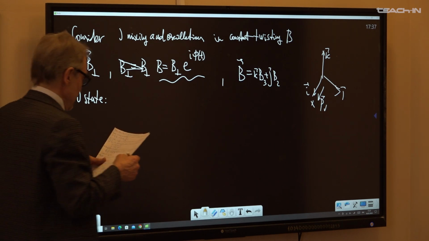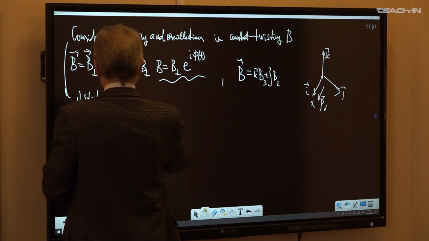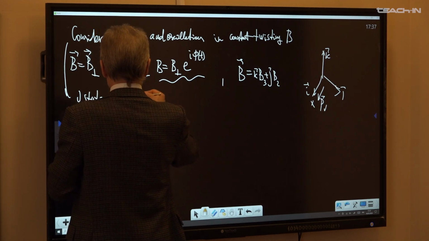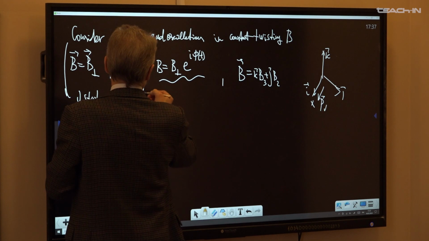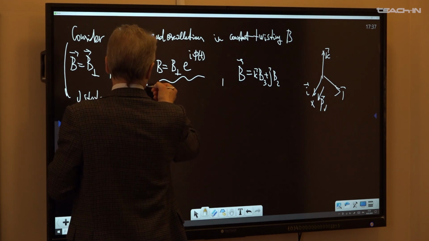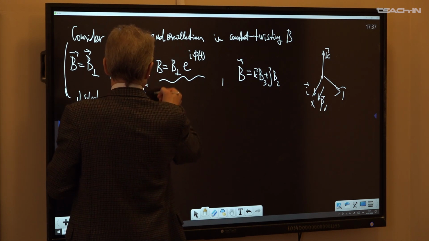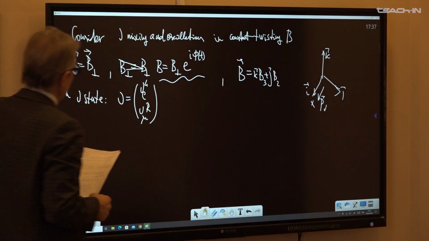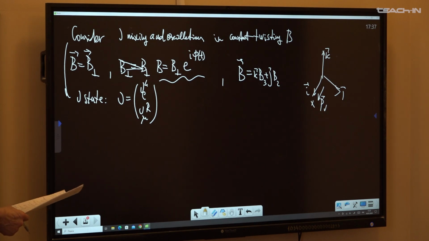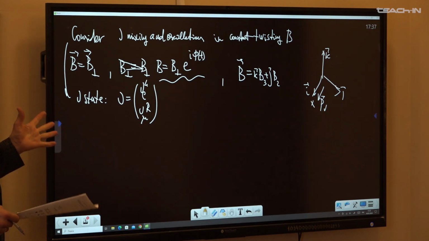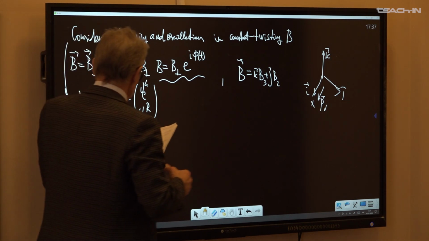Yeah? So we use the following neutrino state for definiteness: electron left neutrino and muon right neutrino. So we shall derive evolution equation and solve it for this particular neutrino state.